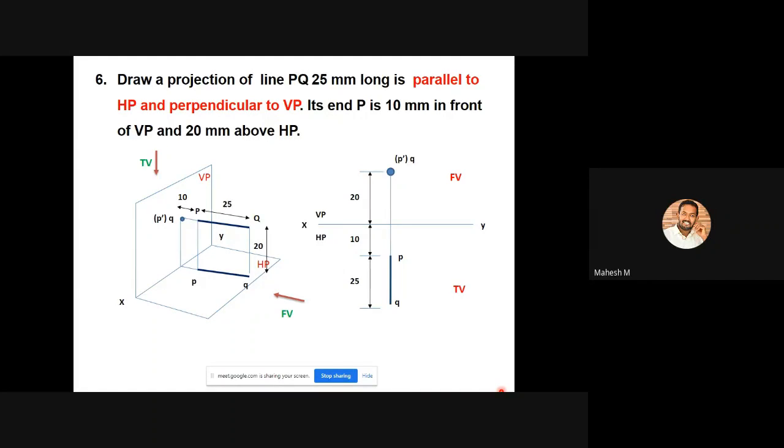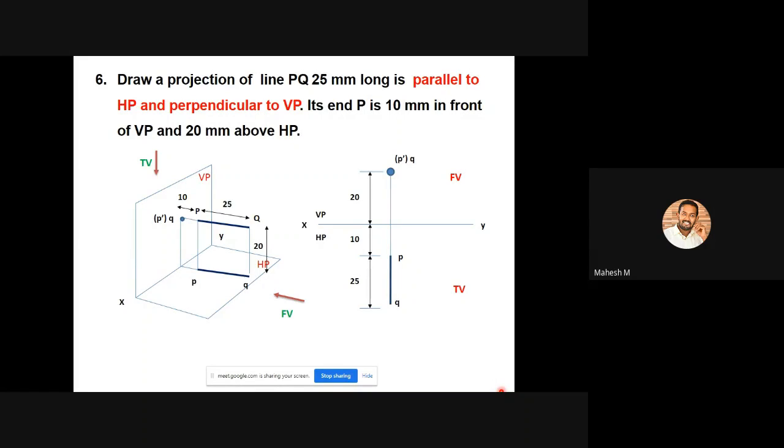Okay. So on the condition they will say, its end P is 10 mm in front of VP. So now where should we pick the point? 10 mm in front of VP, in front of VP.